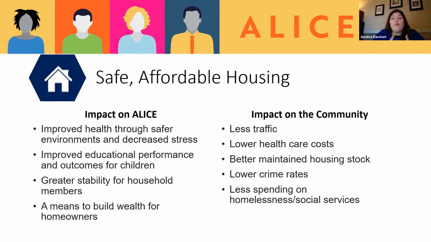But with safe, affordable housing, you'll see two different things for ALICE and for the community. For ALICE, you'll see improved health through safe environments, decreased stress, improved educational outcomes for children, and greater stability for households. For the community, this means lower healthcare costs, better maintained housing stock, lower crime, and less spending on homeless and social services. That's the very tip of what it means for housing.